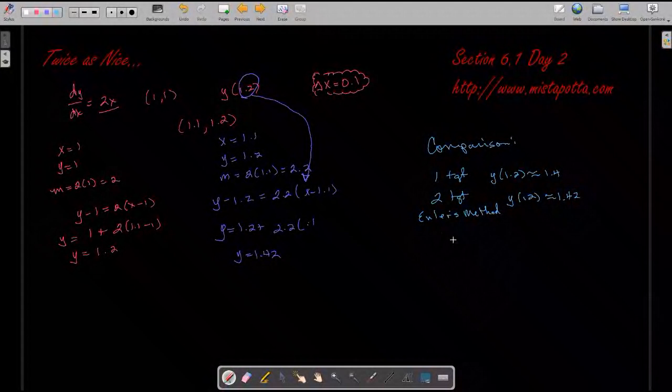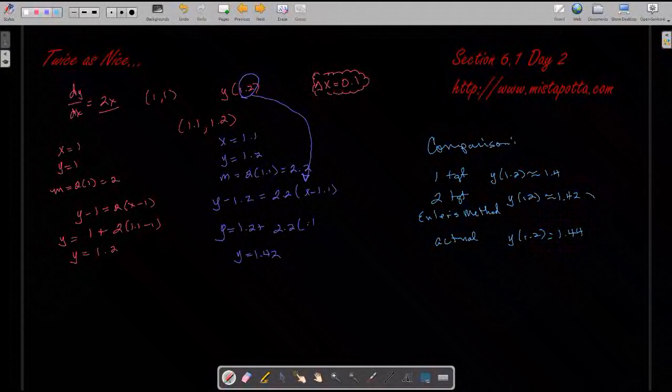And keep in mind that the actual solution, y of 1.2, because it is a parabola that passes through (1, 1), is going to be 1.2 squared, or 1.44.